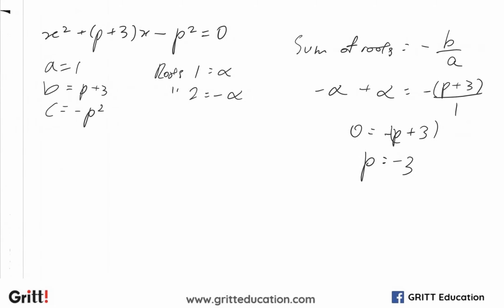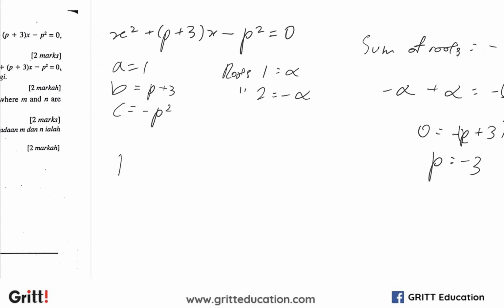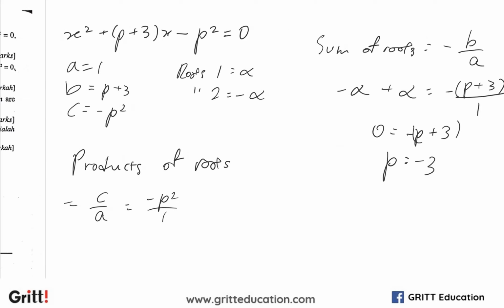Now to find the product of roots, the product of roots is equal to c over a. So your c is negative p squared over 1. It's important that we found the p value, because we actually need it.